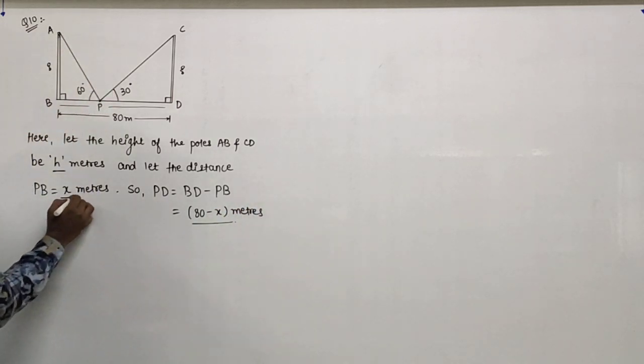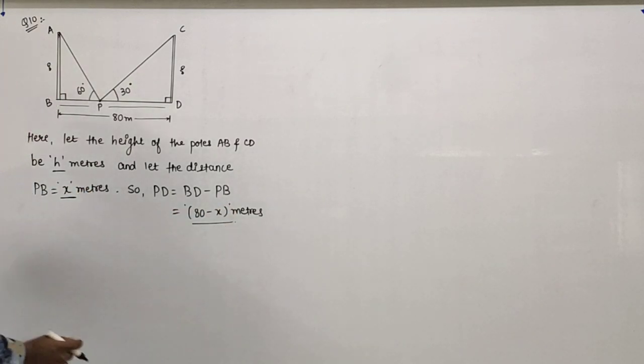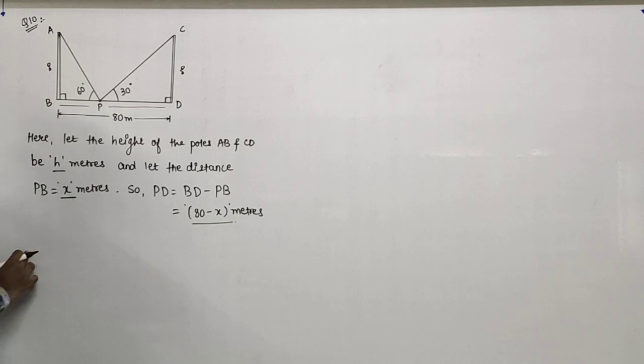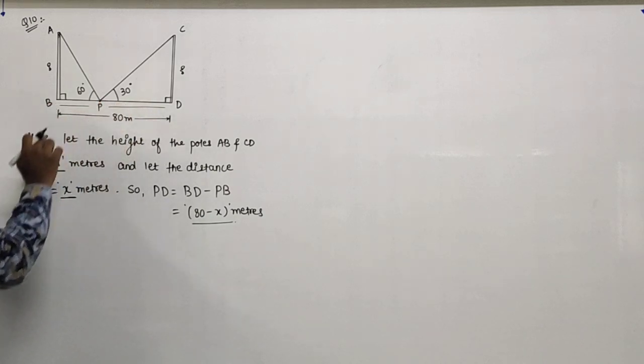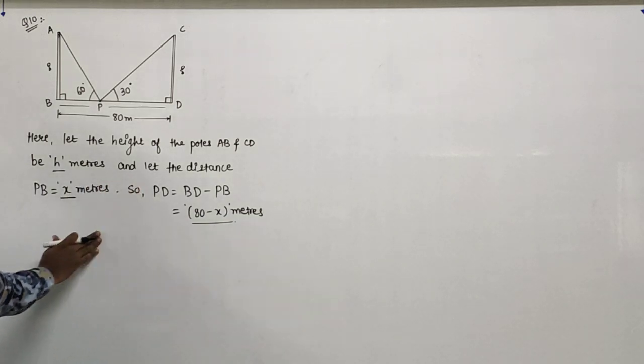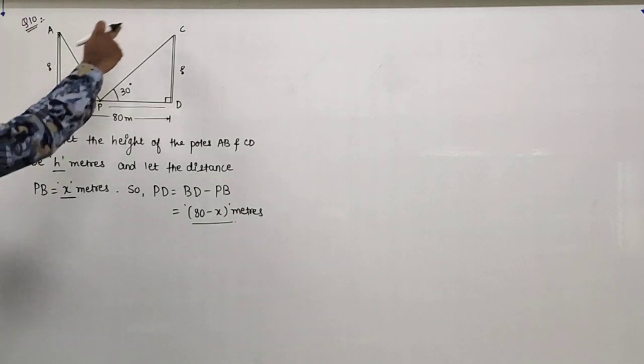So we will get these three distances. Height h meters we have assumed. This smaller distance we have taken as x meters. So the remaining will be total minus this much, that is 80 minus x meters.